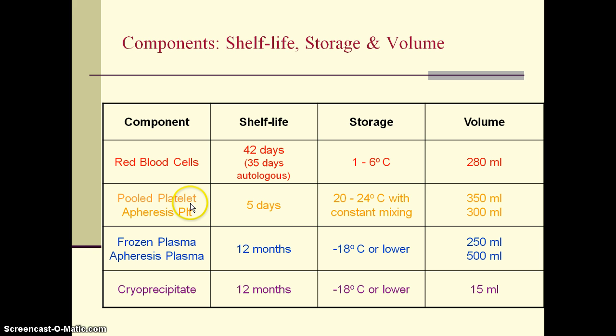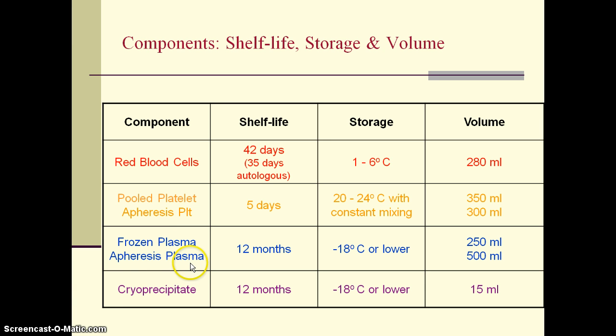The pooled platelet volume is about 350 cc's per bag, whereas the apheresis platelet bag has about 300 cc's of volume in it. These volumes will become important if you have to calculate the ins and outs of a patient, for example.